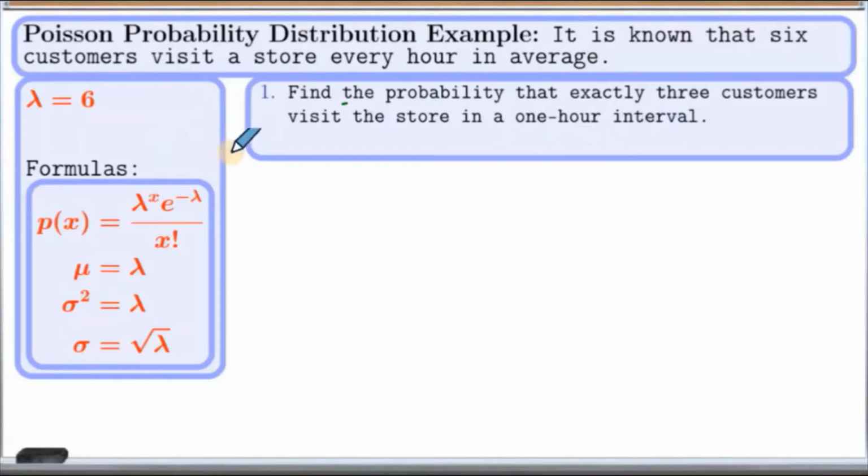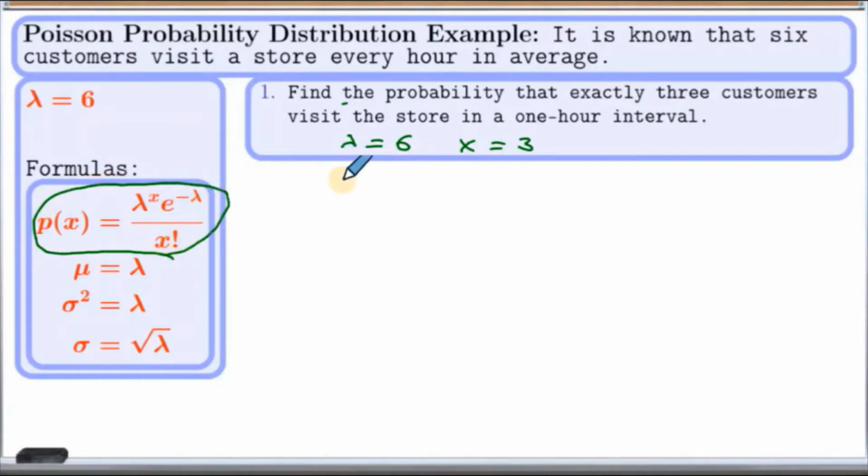So for us to find this probability, we know lambda is 6 and x is 3. Now simply we can plug in lambda and x in this formula and find the probability.